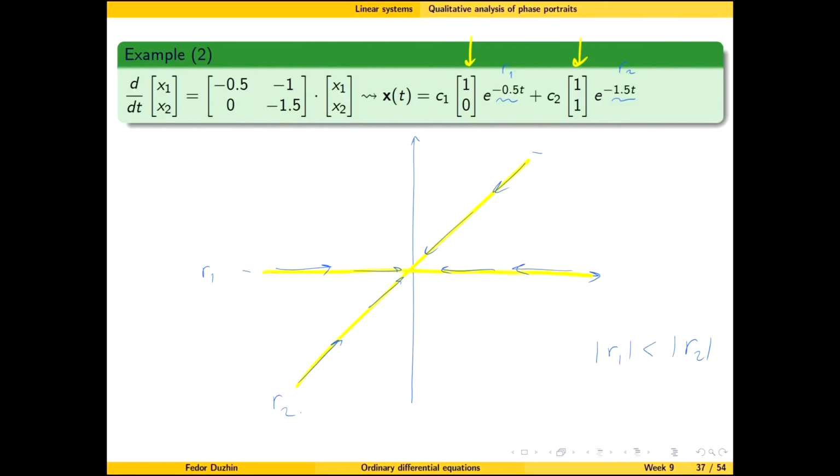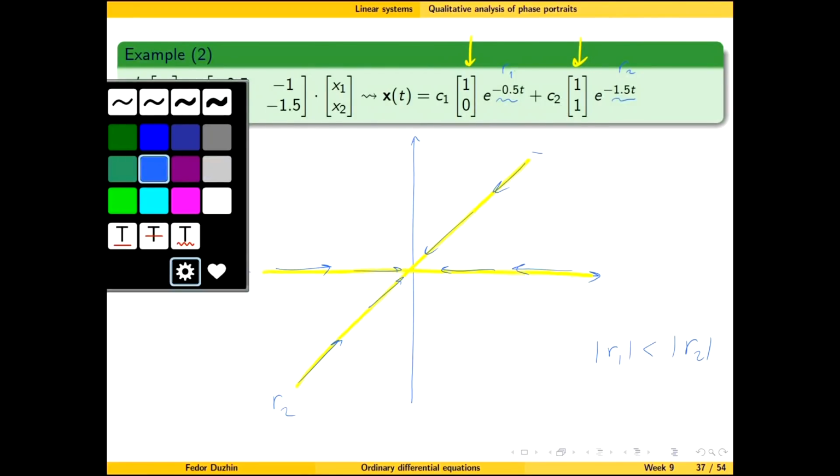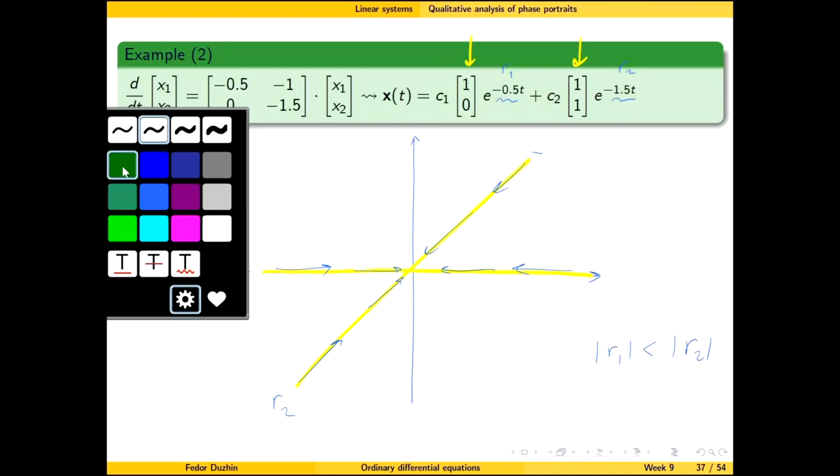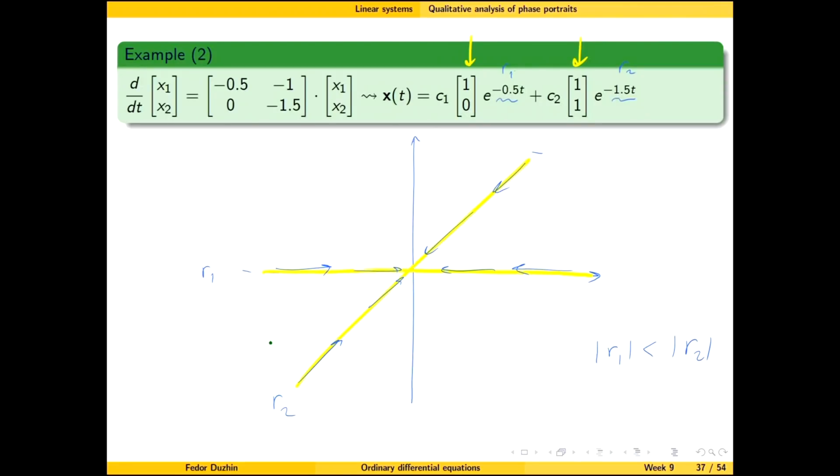So if we are going to fill it in, basically there are two ways to do it. We could imagine drawing trajectories that go like this. But this is incorrect, because if we do it like this, then near the origin they become parallel to the eigendirection corresponding to the larger eigenvalue.